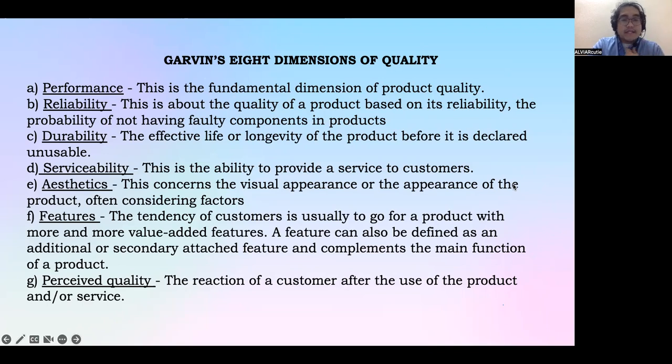Next is serviceability. This is the ability to provide a service to customers. So, ibig sabihin nagbe-benefit yung customer. Aesthetics, this concerns the visual appearance of the product, often considering factors. So, aesthetics, pumapasok na rito yung mga artist natin, designer, ganyan-ganyan. Nagpapagalingan na rin ang mga businesses, yung mga products natin kailangan na rin talagang may aesthetics, hindi lang basta halimbawa whiskey na iniinom.